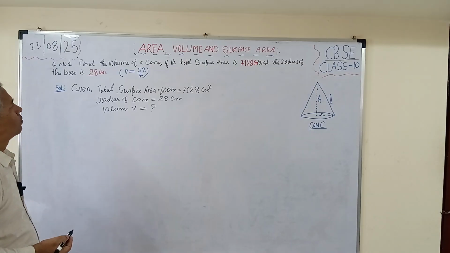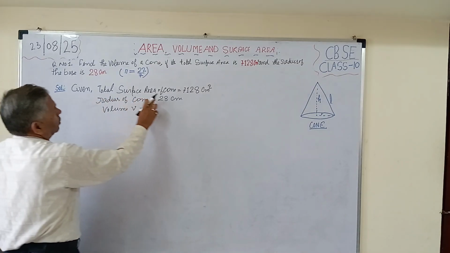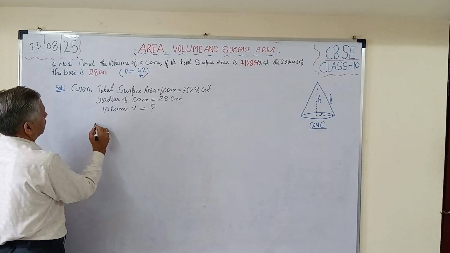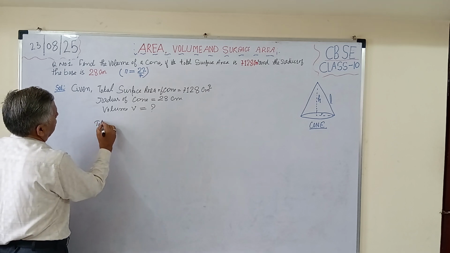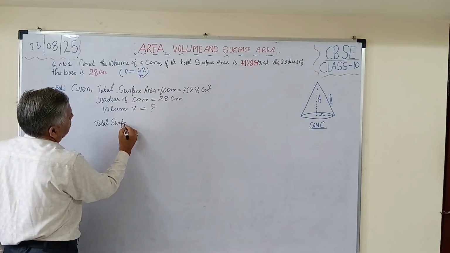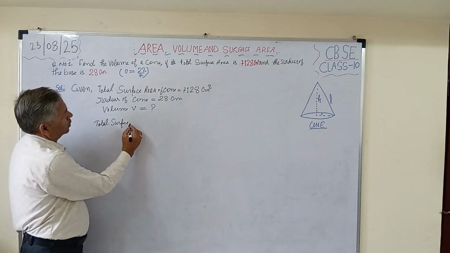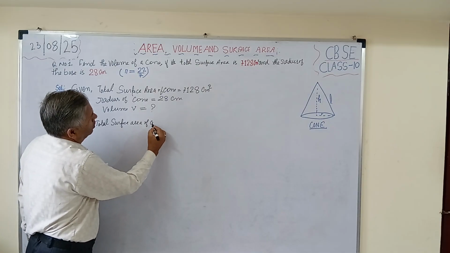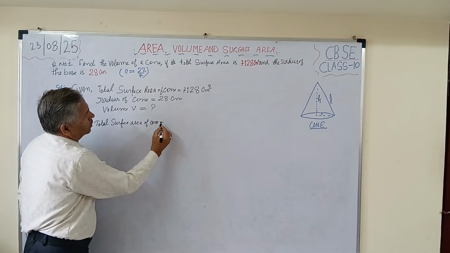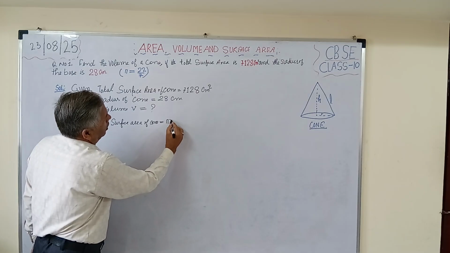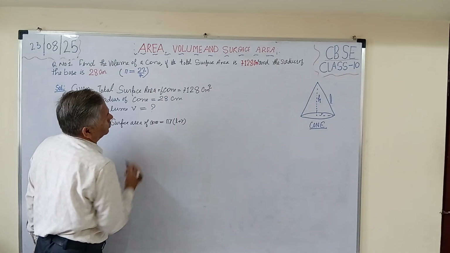Now, with the total surface area of cone, we will use the formula: total surface area of cone equals pi r (L plus r).